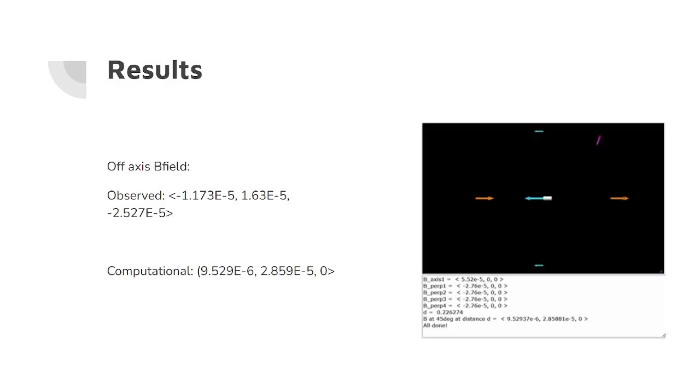And it gave us an off-axis B field of 9.529 e to the negative 6th, 2.859 e to the negative 5, and 0 in the z component, where the specific results and diagram are shown on the right, which is different from our observed, which was negative 1.173 e to the negative 5th, 1.63 e to the negative 5th, and then a real z component, which was negative 2.527 e to the negative 5th.